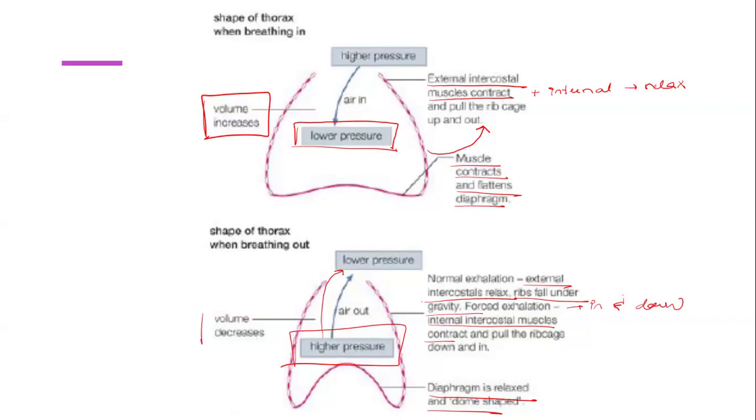But in forceful exhalation, the external muscles are relaxing, but the internal muscles will also contract to further bring the rib cage inside so that more volume will decrease and more air will move out of the lungs. That is forceful exhalation, right? So this is how we inhale and this is how we exhale.